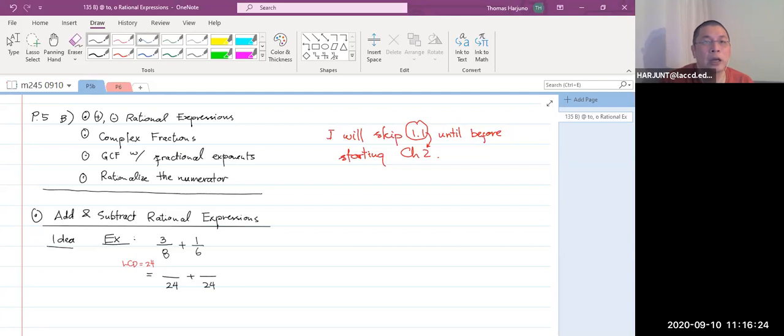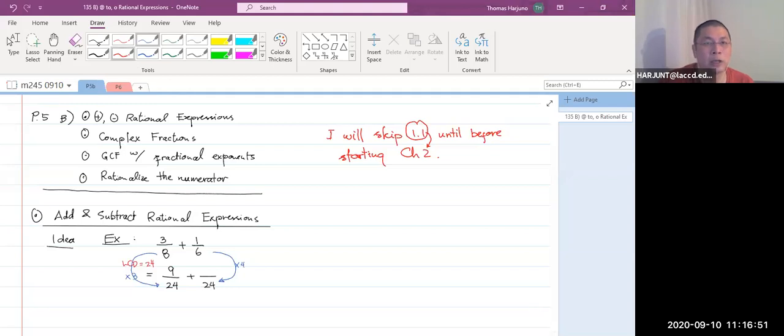And then I do the equivalent fraction. 8 times what gives me 24? We multiply by 3, the denominator. So the numerator we will also multiply by 3. Now, similarly, 6 multiplied by what gives me 24? Multiplied by 4.